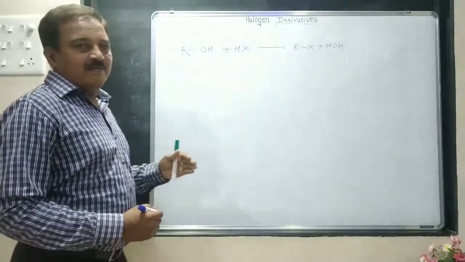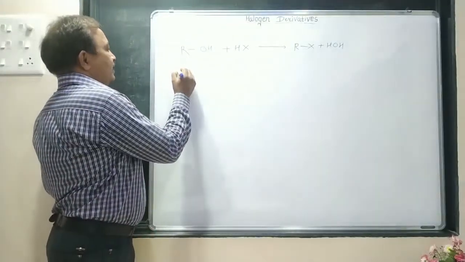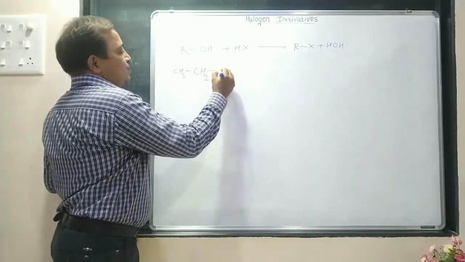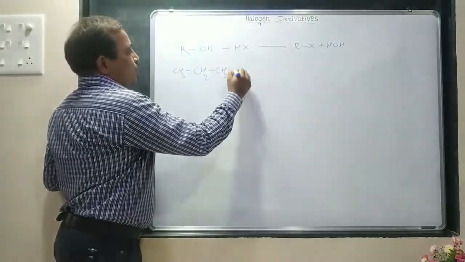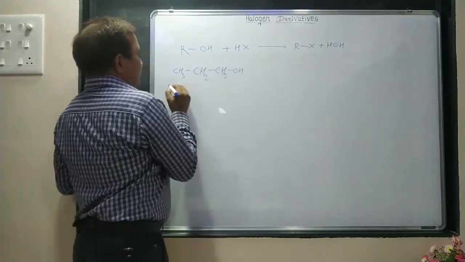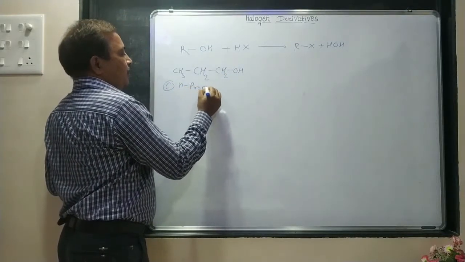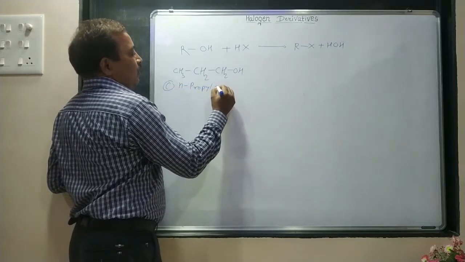The first reaction we will try to understand is, suppose we have CH3CH2CH2OH. This compound is n-propyl alcohol.